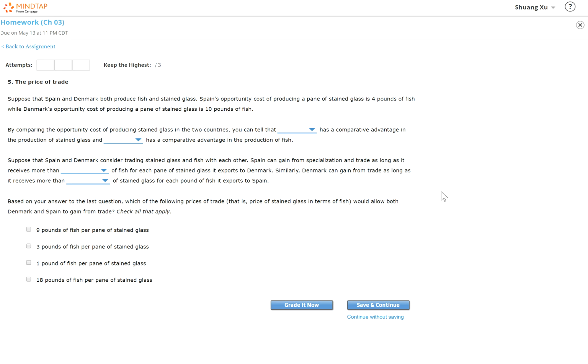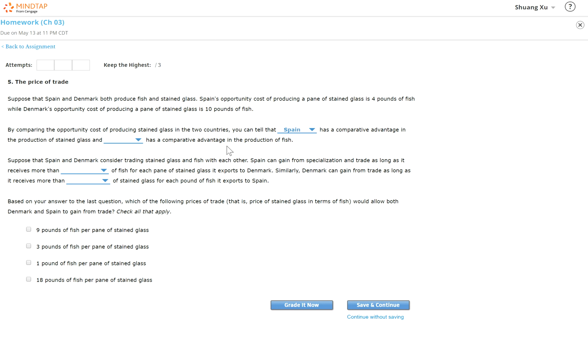In Spain, producing 1 stained glass costs 4 pounds of fish, while in Denmark it costs 10 pounds of fish. So Spain has a lower opportunity cost in the production of stained glass, and Spain has the comparative advantage.